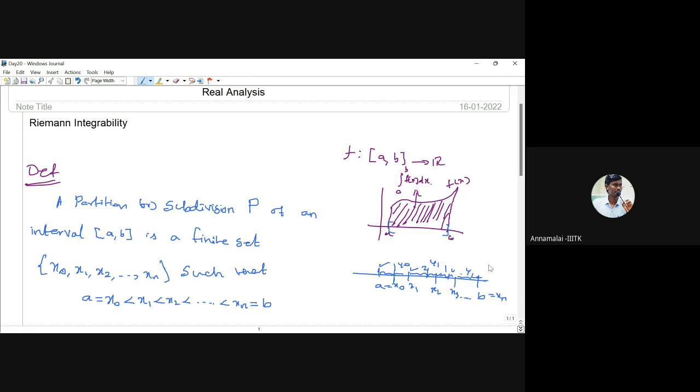So for any given interval [a, b], we have infinitely many partitions, but every partition is a finite set.